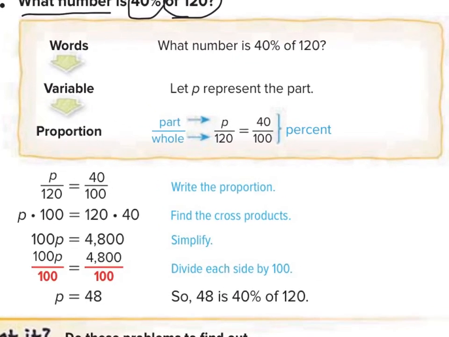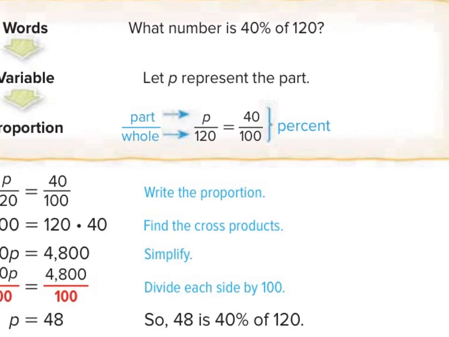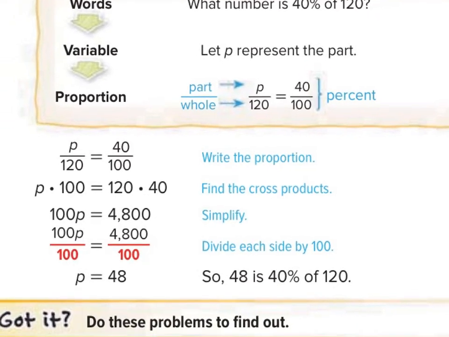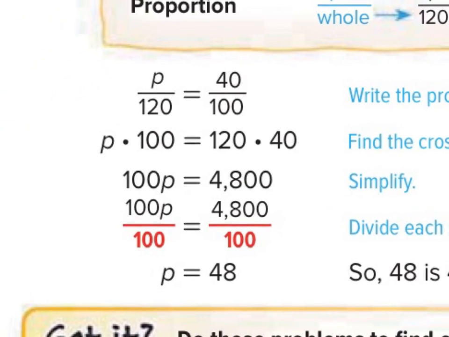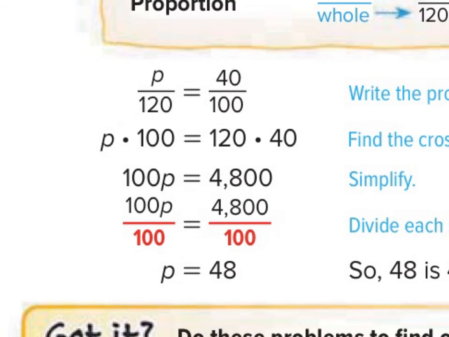So we're going to put P over 120 equals 40 over 100 to set up this proportion. And then we are going to do our cross products. Now, there's no easy way out of this one. The only way that you're going to be able to solve it is to do the cross products, to multiply diagonally.